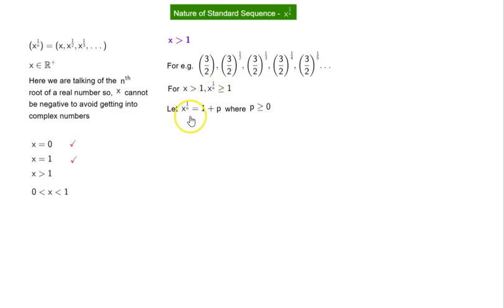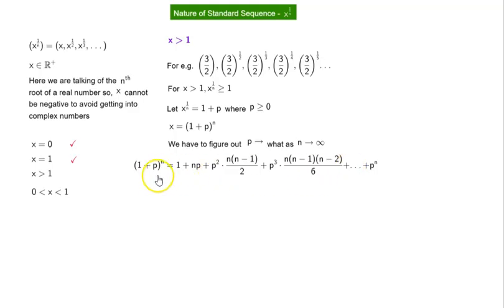Let x to the power of 1 by n be equal to 1 plus p, where p is greater than or equal to 0. So we have x equal to 1 plus p to the power of n, by taking the nth power on both sides. Now we have to figure out p goes to what number as n goes to infinity.